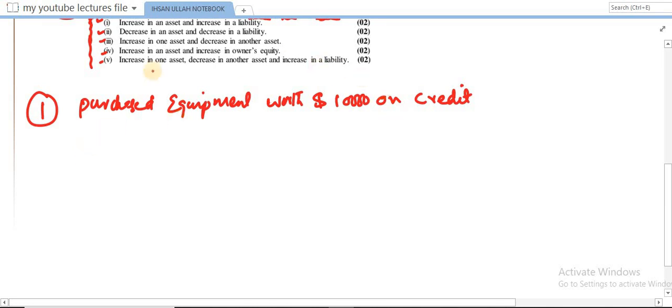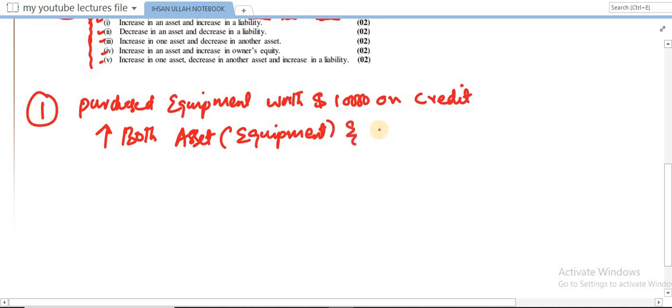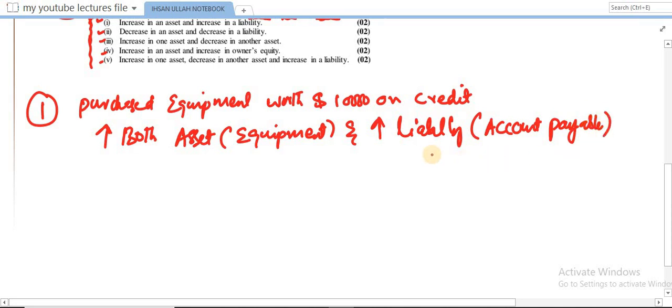So this will increase both your asset, which is in the form of equipment, and it will also increase your liability because this is a credit term. So that will be your account payable. So what will be the general entry?